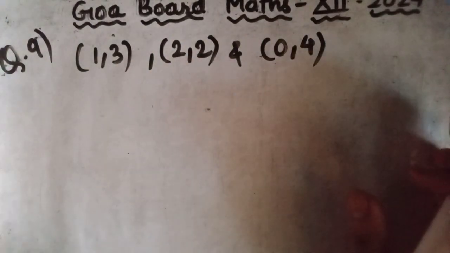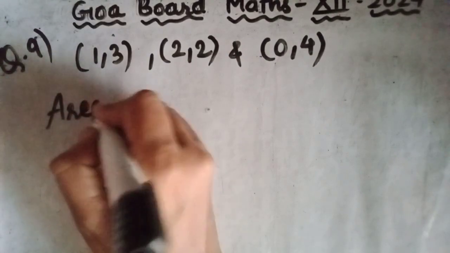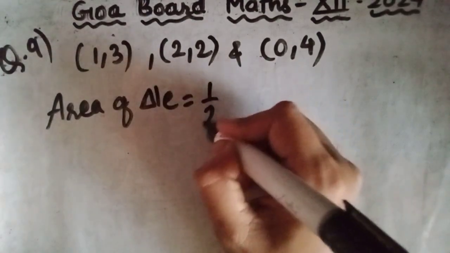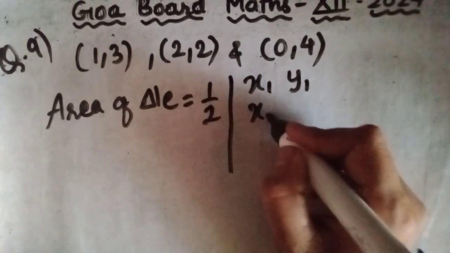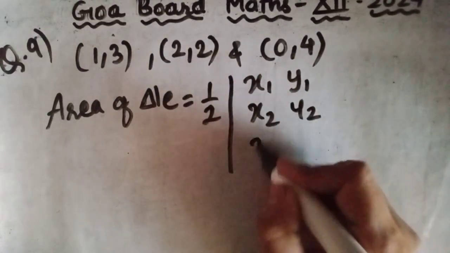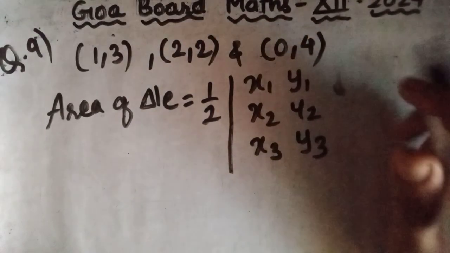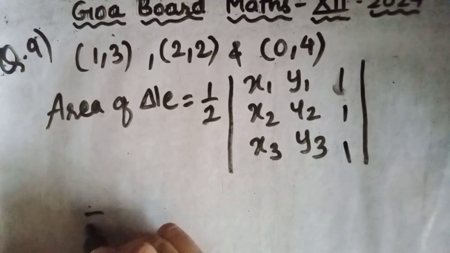Okay, so you can use the formula, that is area of triangle, half of the determinant with rows x1 y1 1, x2 y2 1, x3 y3 1, equal to 0, we have to prove.